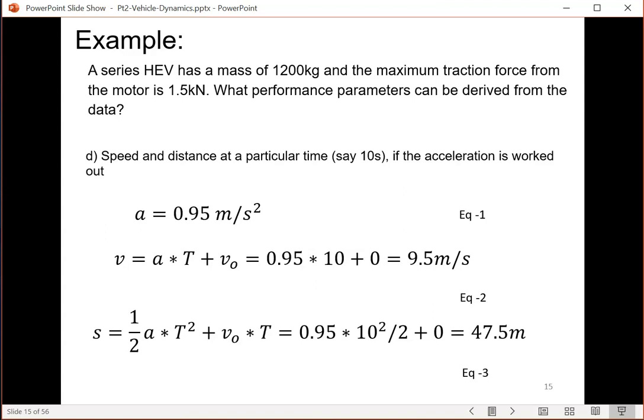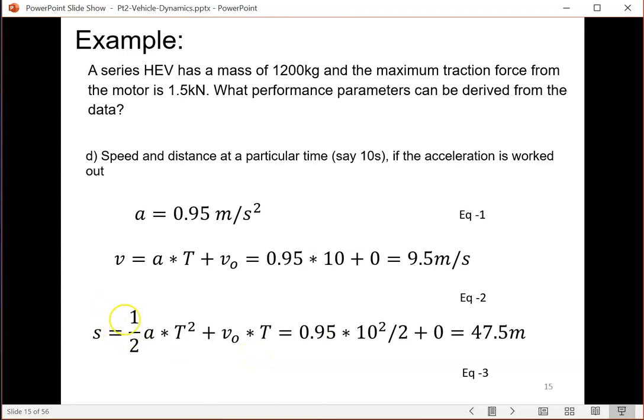We can also work out how far it has traveled in 10 seconds. S, in this case, the formula is S equals half of A times T squared, plus V naught, the initial speed, times T. Now V naught equals 0, so this second term doesn't exist for this particular calculation.